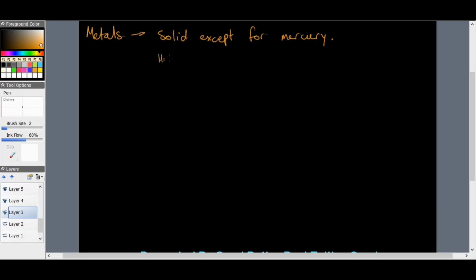There's another point about metals though. They have high boiling points, as well as melting points. So both are very high. And also the last thing, which is quite intuitive, they are very, very good conductors of electricity.